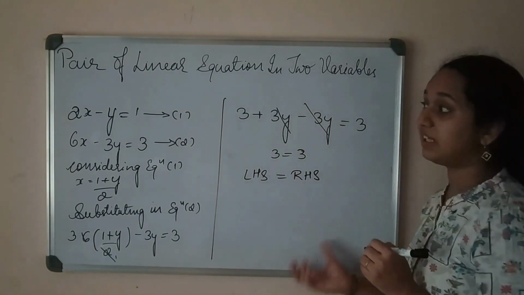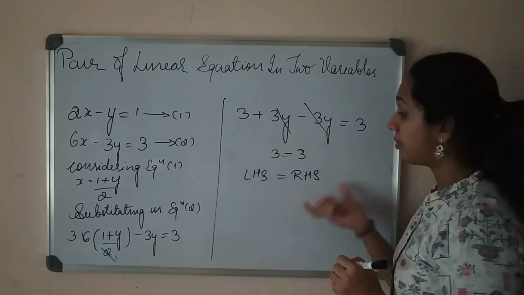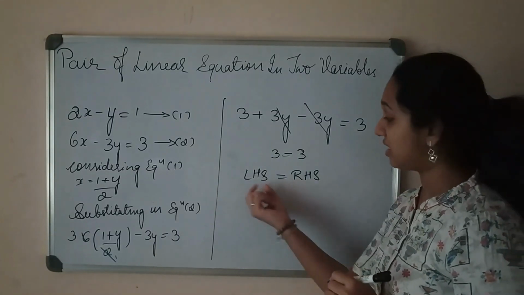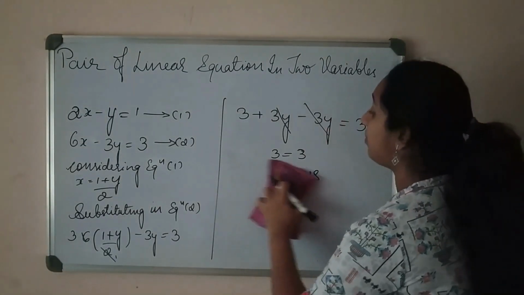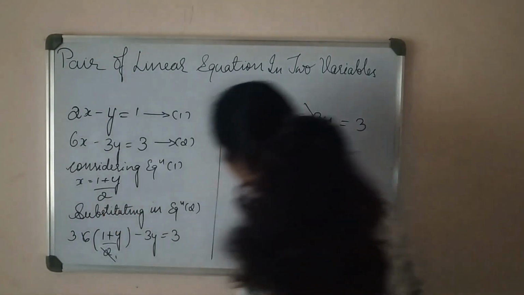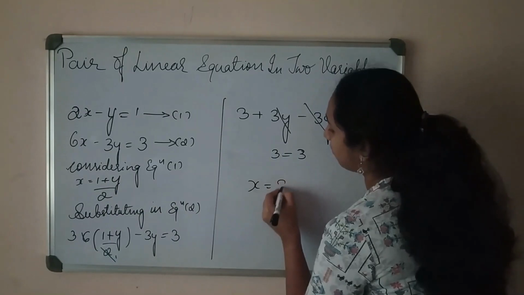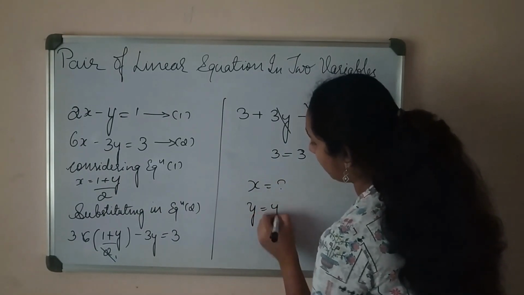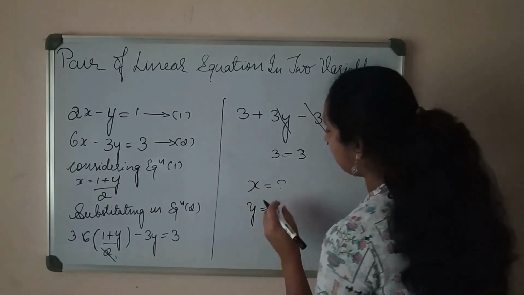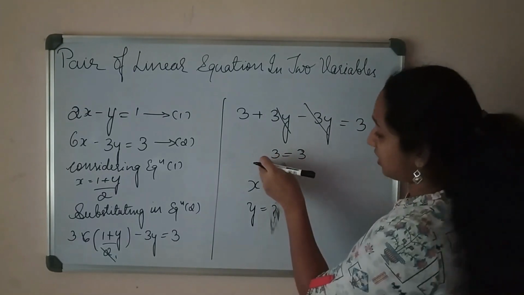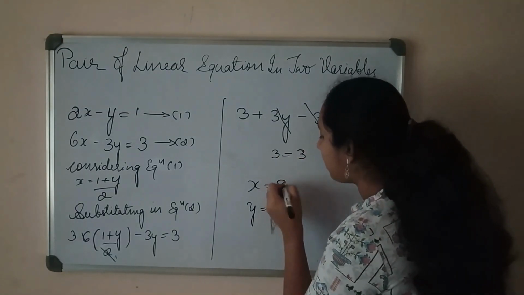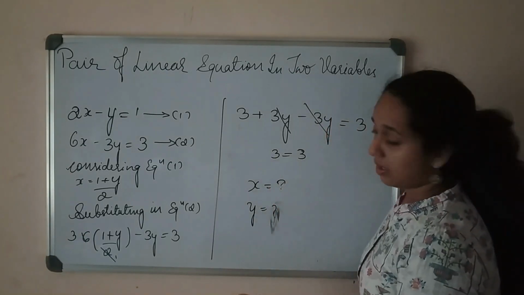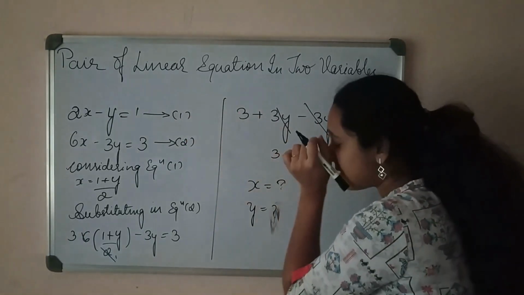The property of the linear equation, we are getting LHS is equal to RHS, but I am not getting any predefined value for x and y. I don't know the value of x, I don't know the value of y, but I am getting the required condition, LHS is equal to RHS. That means if I take any values of x and y, this equation will be satisfied.